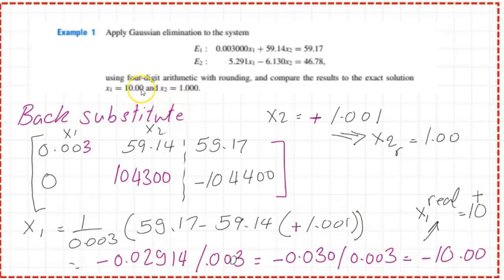x1 is 10 and x2 is 1, while here, due to the division without row exchange, we have x1 equals minus 10 and x2 is 1.001.